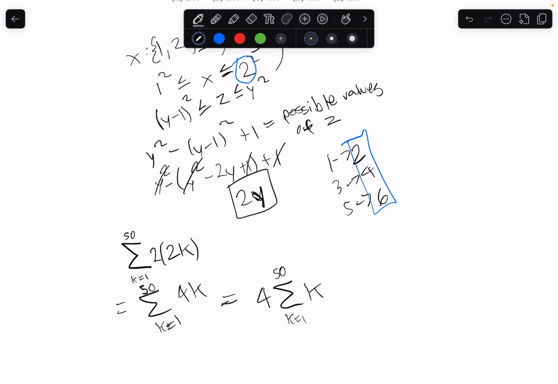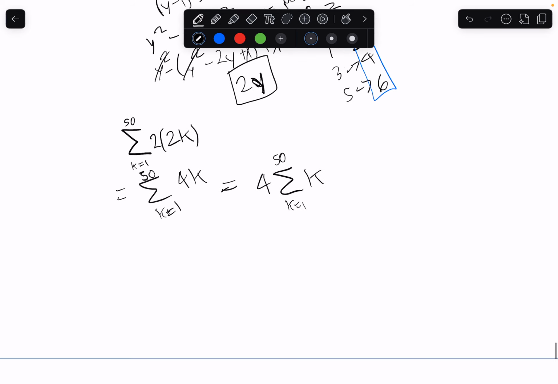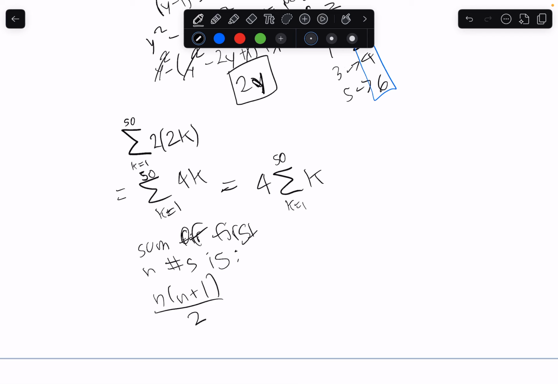So it's the sum from k equals 1 to 50 of k. So we have to find the sum of the numbers from 1 to 50 and then multiply by 4. I'll just write down here, if you don't know about it, that the sum of the first n numbers is n times (n plus 1) over 2.